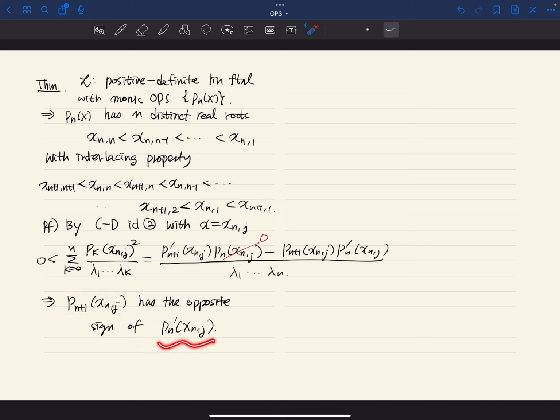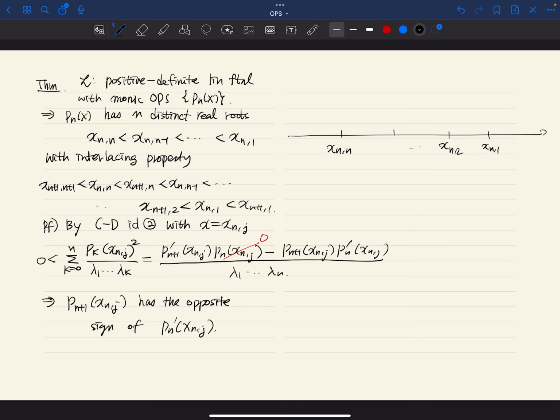Okay, so now let's look at this more carefully. It's helpful if you consider the diagram or the graph. So this is like x_{n,1}, x_{n,2}, like that, up to x_{n,n}. Okay, so these are the zeros of P_n, and this is monic, so the leading coefficient is 1, so if x approaches infinity, it will go up.